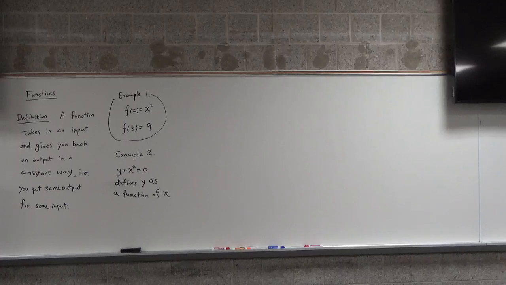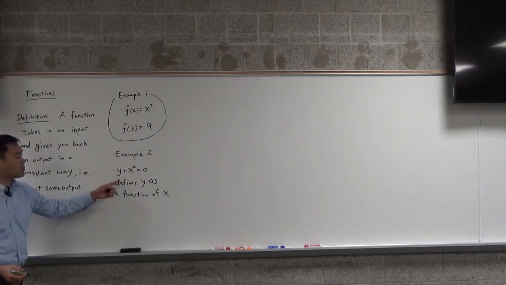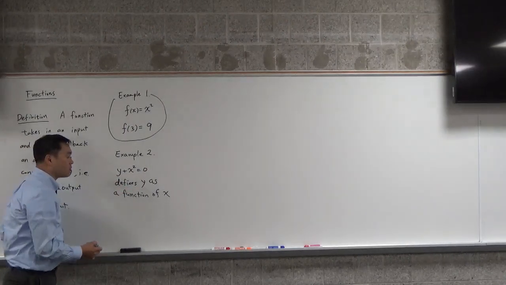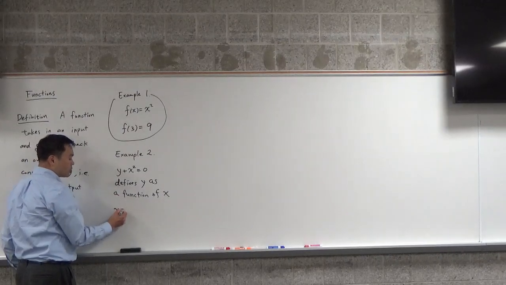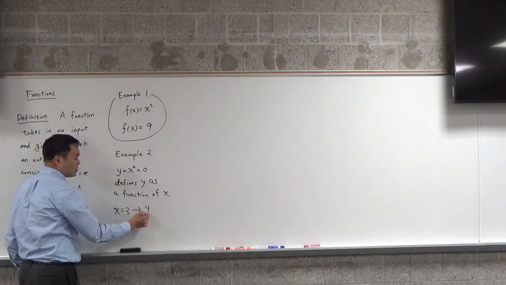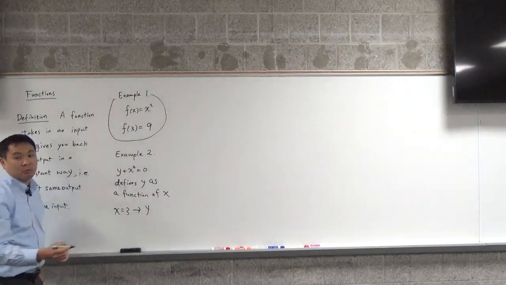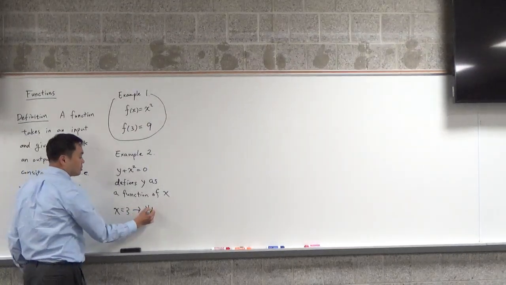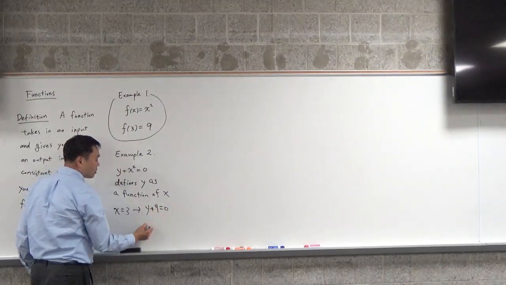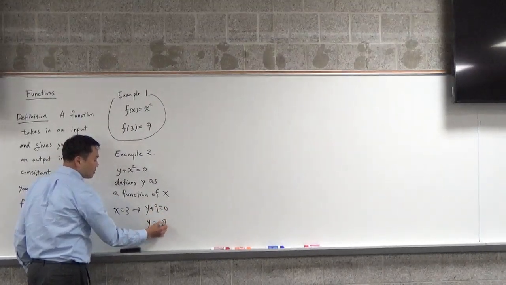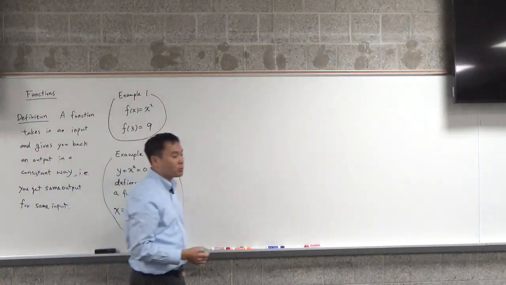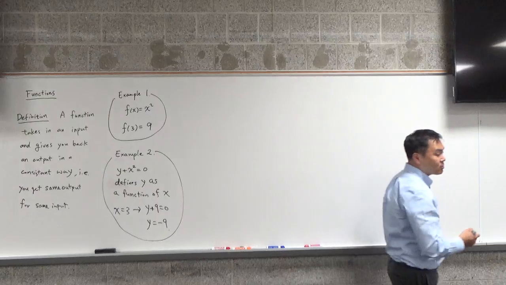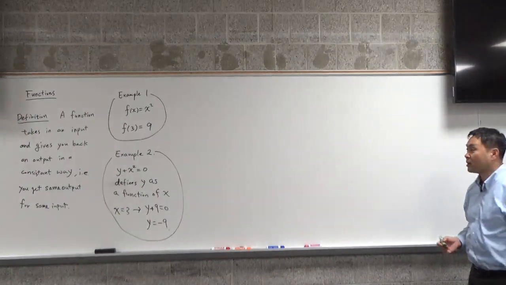If you provide a value for x, this relationship defines y as a function of x, because what will be the value of y if you have x equals 3? You get y plus 9 equals 0, so y is negative 9. So here's an example where for every value of x, you get a value of y.